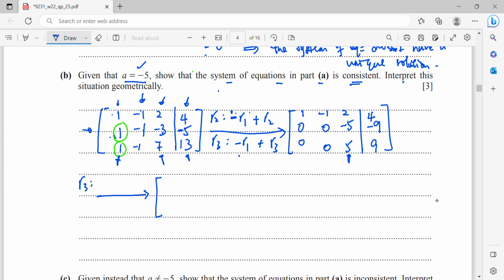If you notice that these two are the same, I will just do one step first before I change row 3. So I change row 2 by multiplying a negative. Then I will get 1, minus 1, 2, 4. Then 0, 0, 5, 9. Then the third row, I do not change. Okay, I make it to this first.